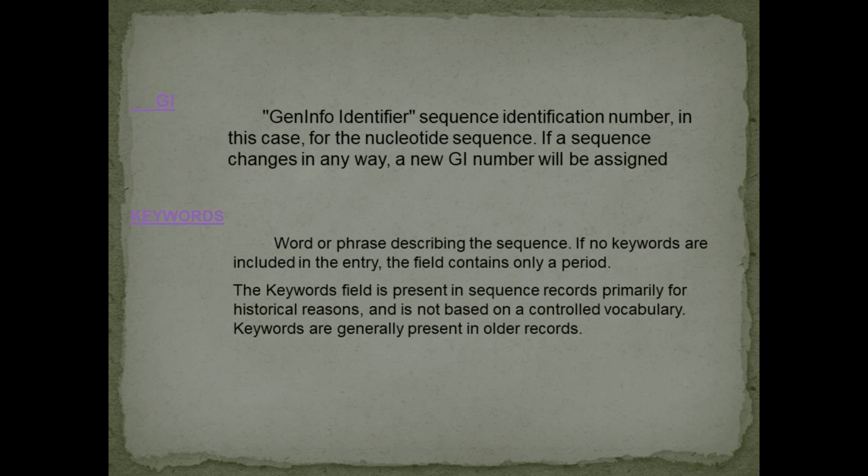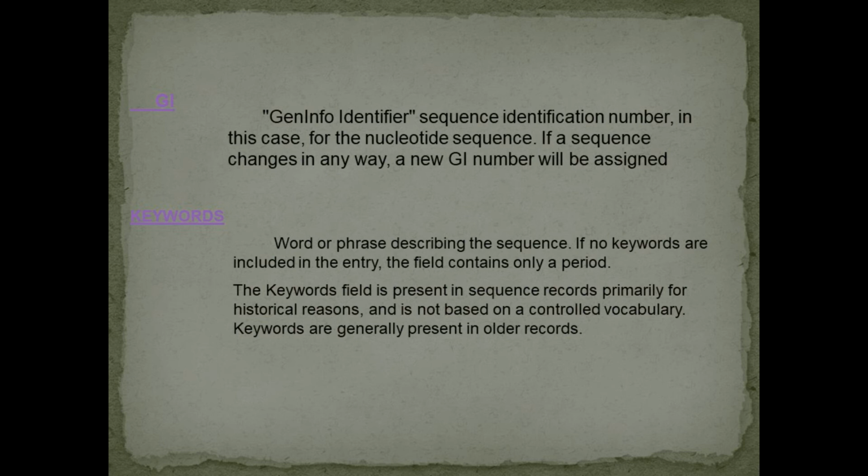If no keywords are included in the entry, the field contains only a period. The keyword field is present in the sequence record for historical reasons and is not based on a controlled vocabulary. Keywords are generally present in the older records.